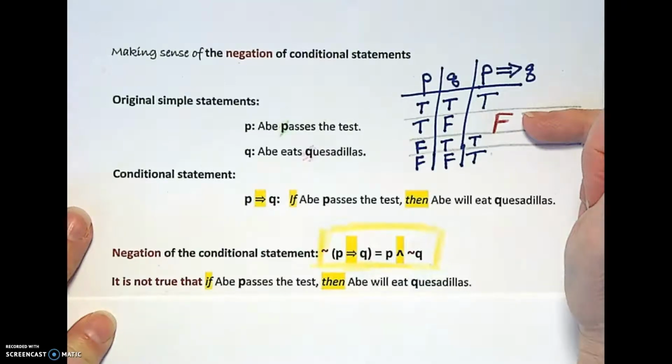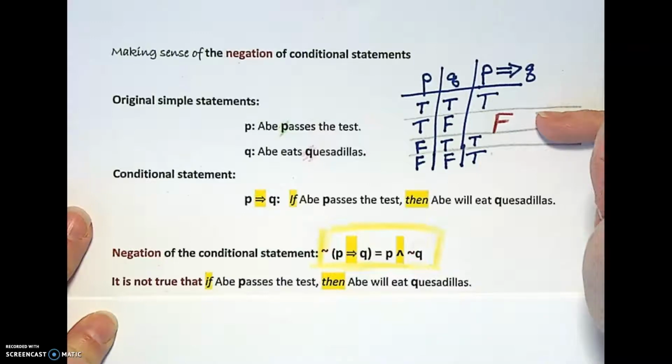If he passed the test, but he didn't eat quesadillas. In the example before, it made more sense because it was a promise. I should have used the other example. But whatever it is, if you say if this, then that, and you do this, but you don't do that, then you lied. So that's the negation of the conditional.